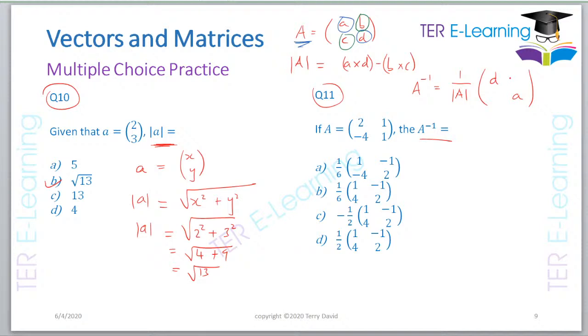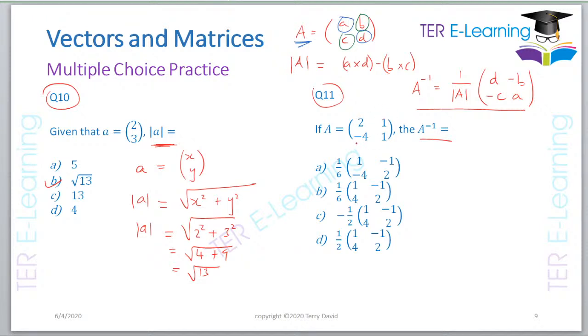When you do that, this becomes minus B and this becomes minus C. So this here is how we find the inverse of a matrix, right? So basically you have two steps. You need to find the determinant first of all, and then you need to find the adjoint of the matrix that they gave you, right? So there's a process to find the adjoint: swap the positions of A and D, then put a minus sign in front of B and a minus sign in front of C.